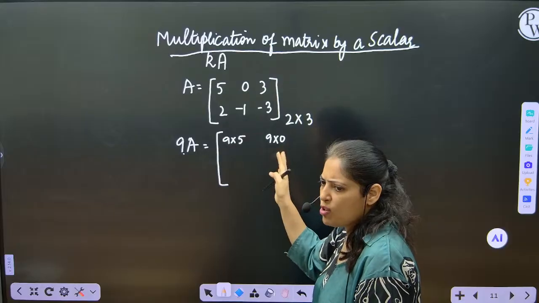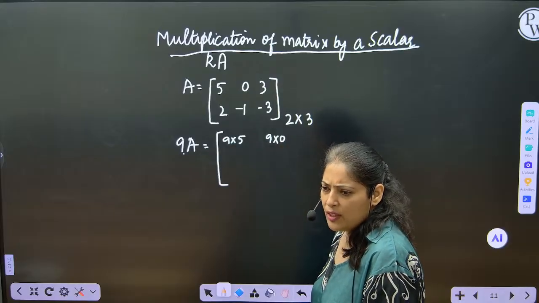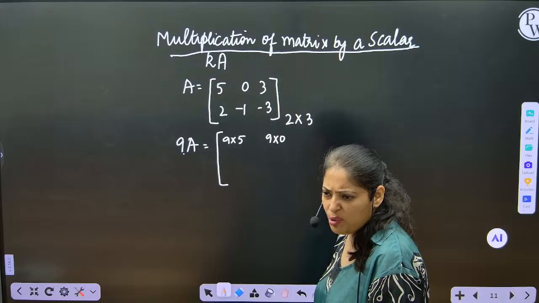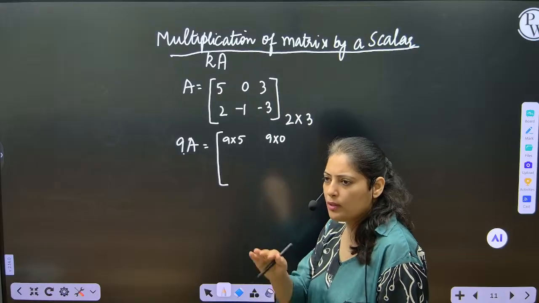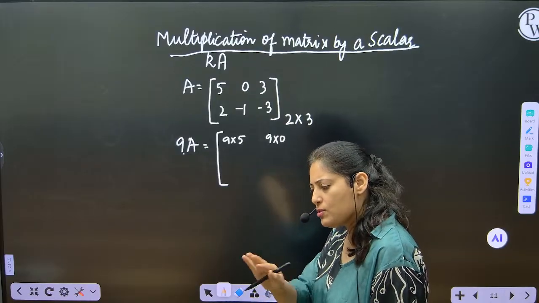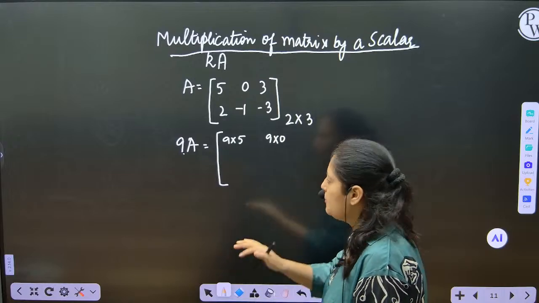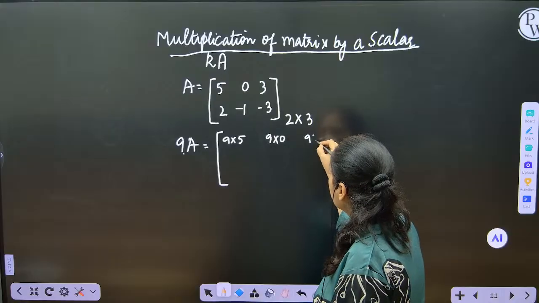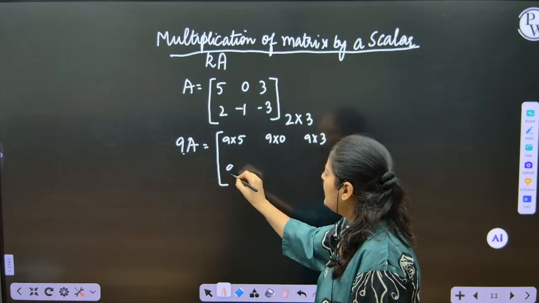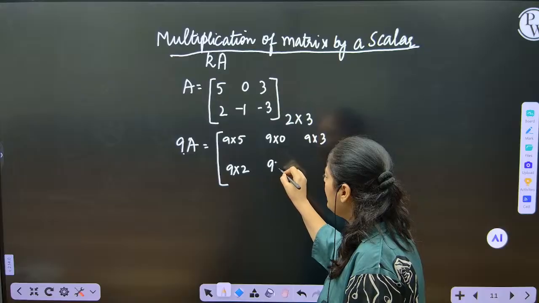Of course, you don't have to do this step in the exam. But just to clear the basics first, I am doing all the steps. 9 into 3, 9 into 2, 9 into minus 1.